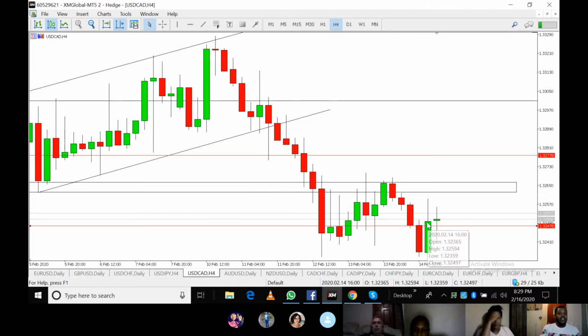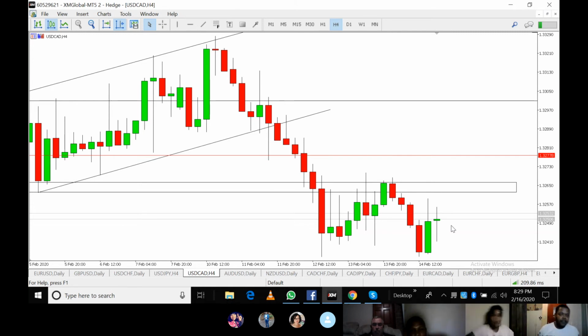And because this body, not talking about the wicks now, is bigger than this body, it's called in the market an engulfing. And in this case, it is a bullish engulfing.